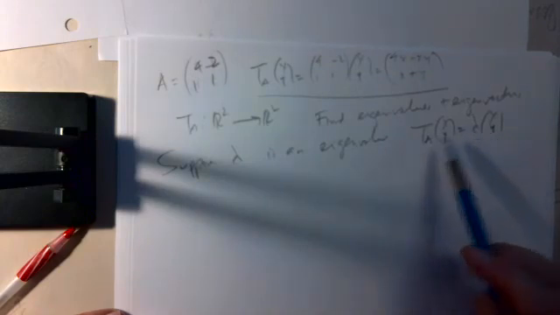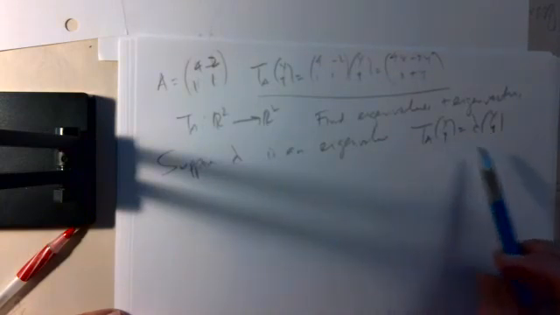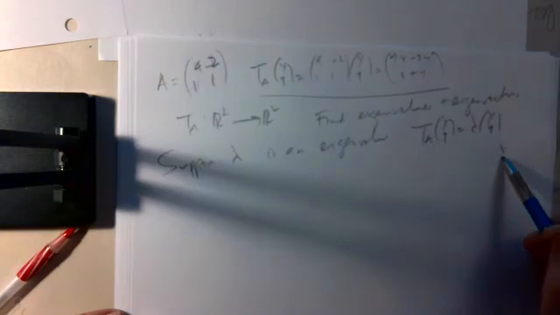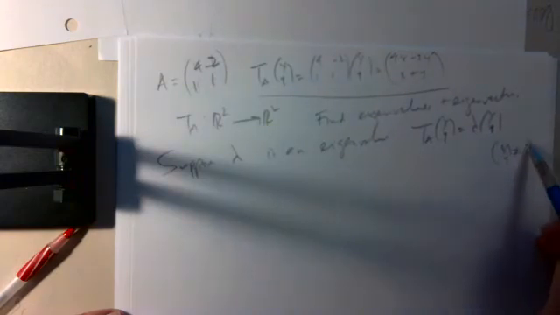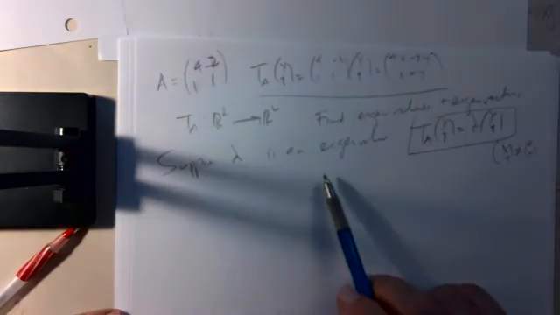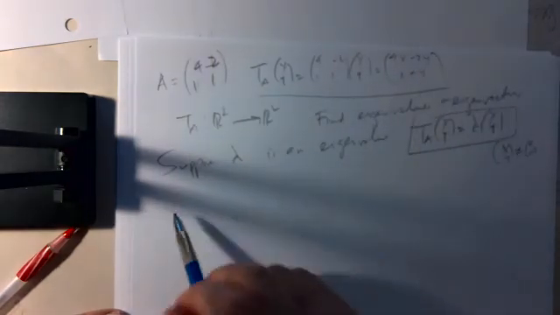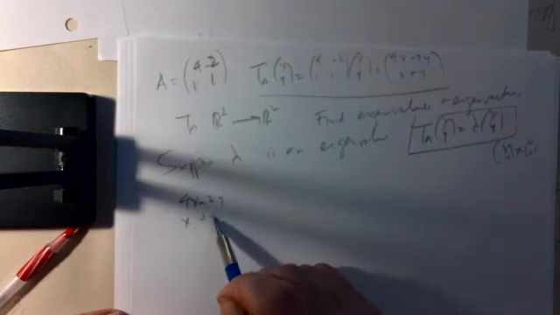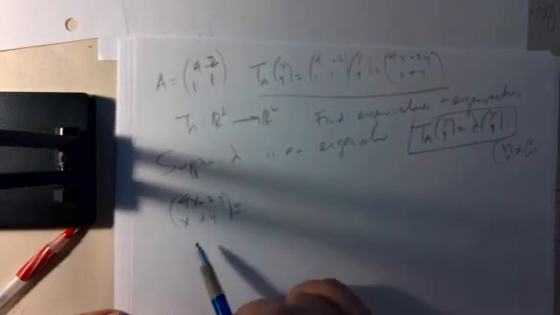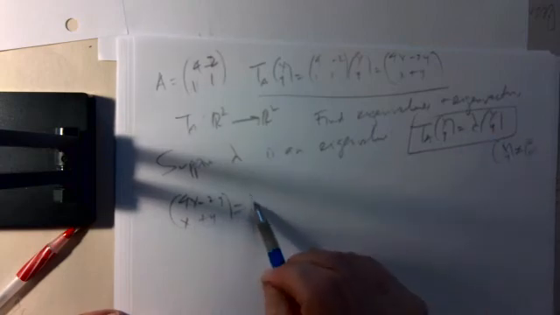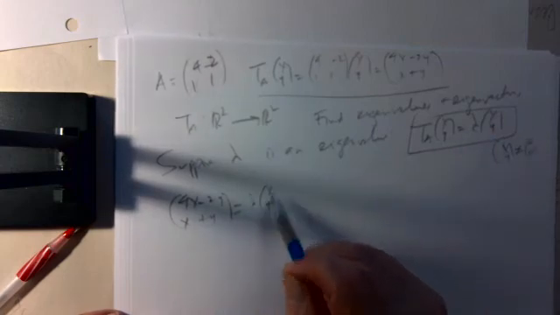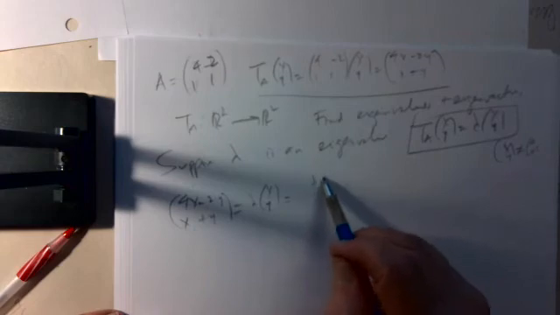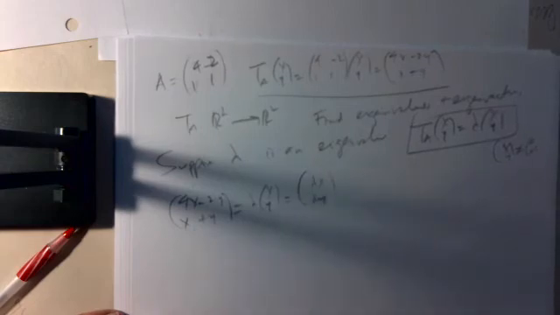Lambda is an eigenvalue if there's a non-zero vector, so (x, y) can't be just (0, 0), that satisfies this equation. But what is T sub A of (x, y)? That's (4x minus 2y, x plus y). And the question is, can we find x and y such that this is lambda times (x, y), or (lambda x, lambda y)?